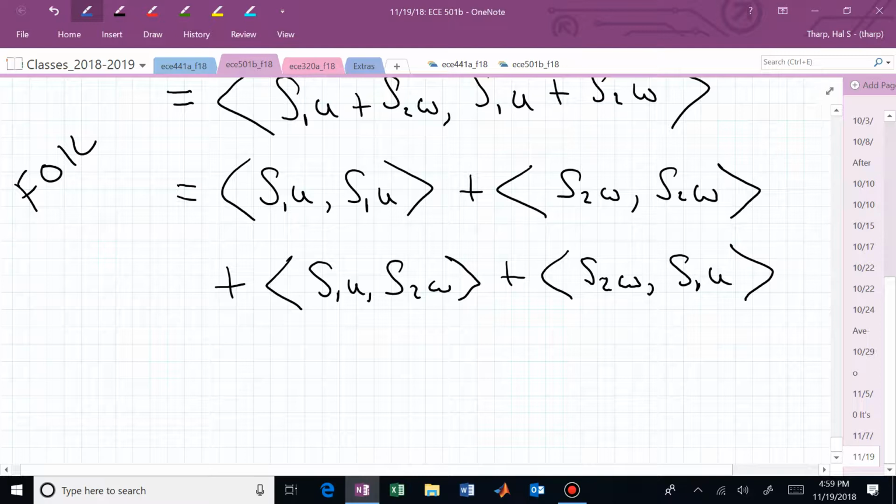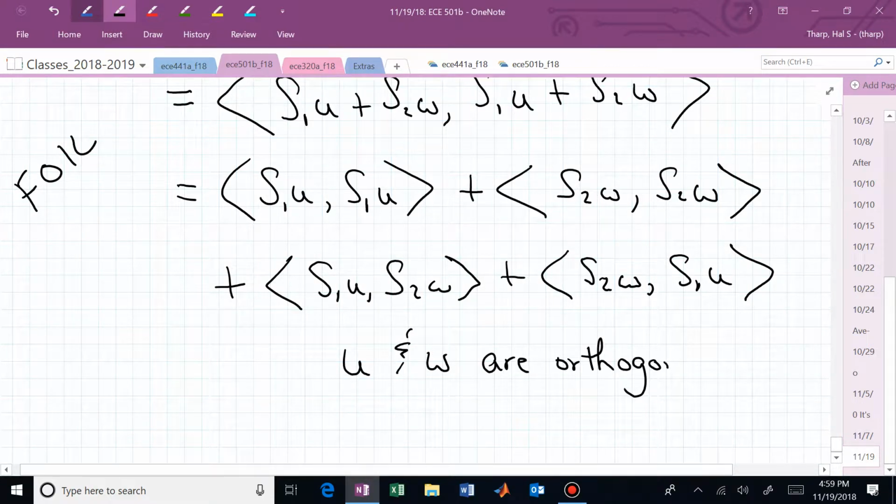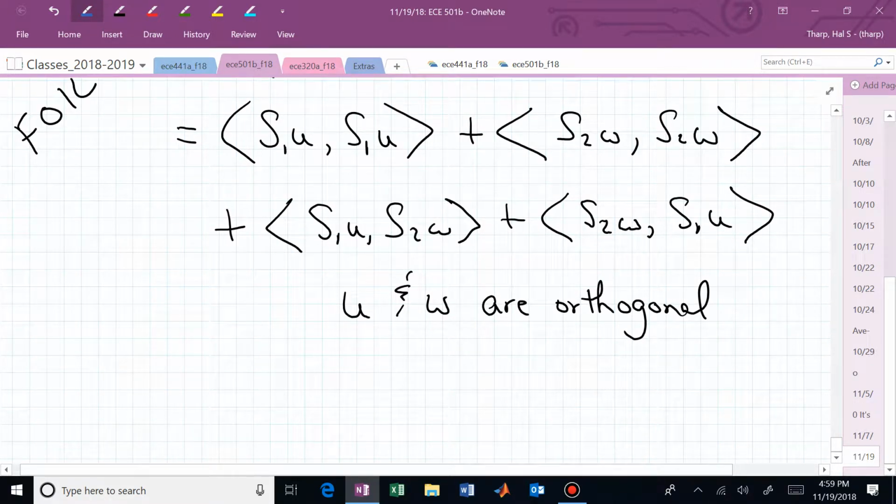But what do we know about U and W relative to each other? They're orthogonal. So U and W are orthogonal. And what do we know about S1 and S2? On their domains, they have a non-trivial null space, so they are isometries on the restricted domains that they're defined over.